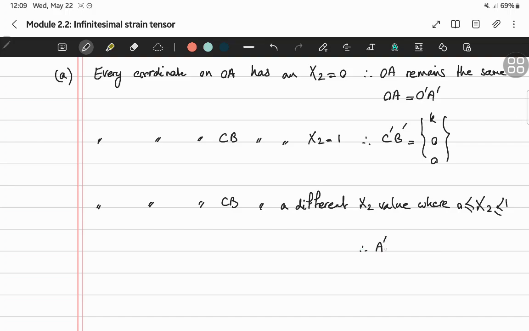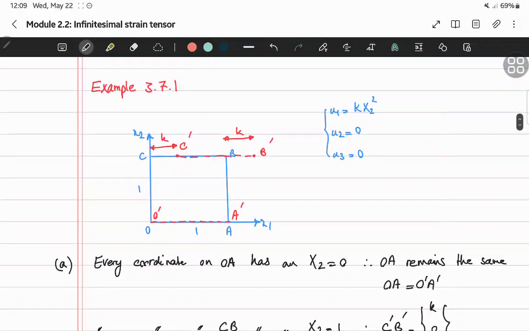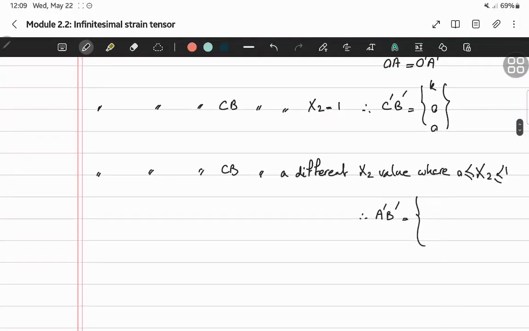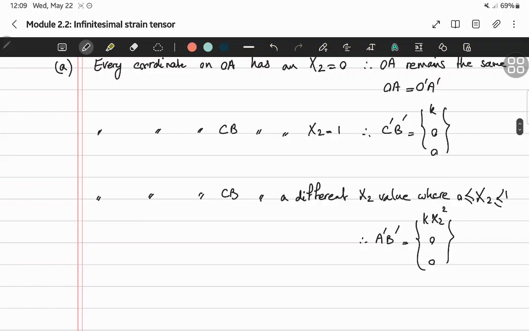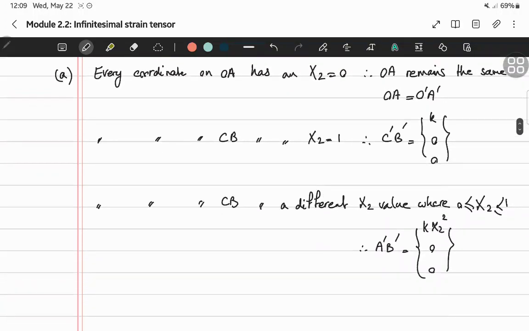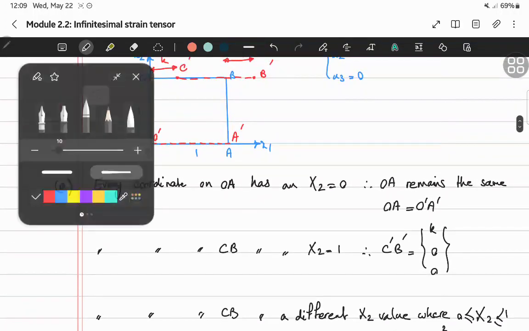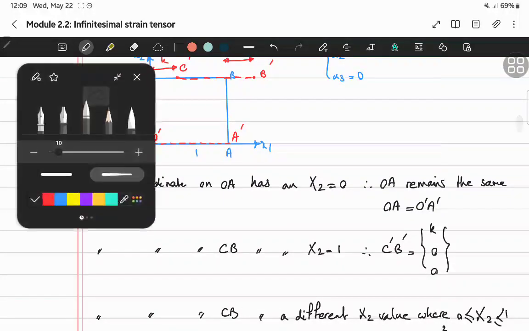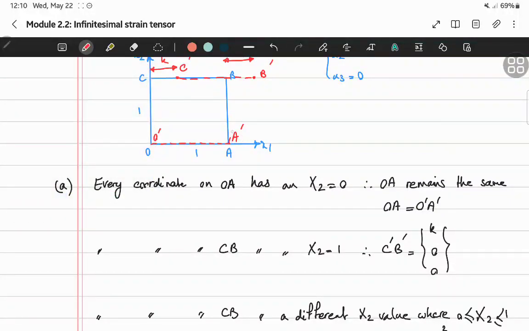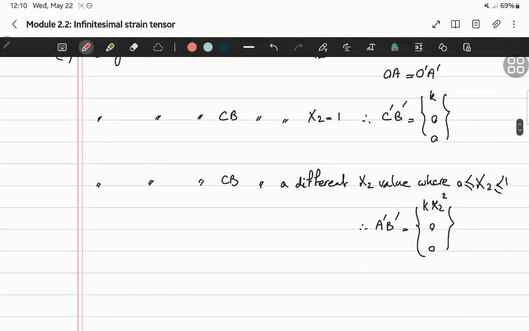Therefore, A prime B prime becomes this displacement field in here, kx2 squared, 0 and 0. So you can see that this is changing non-linearly. It's changing quadratically, like this.